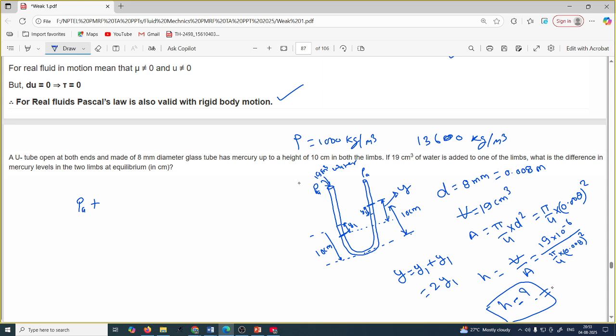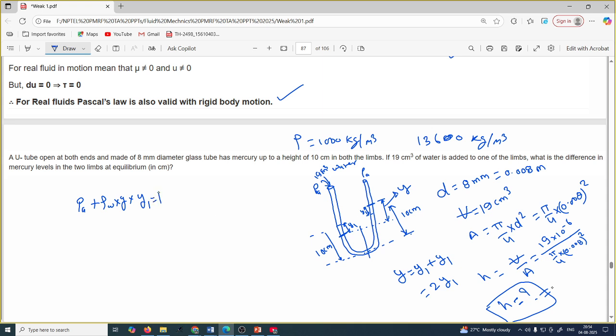So you will write PA, then you go down, and this much is the area, that is rho of water into g into y1, rho of water, remember. Then this height is mercury. If you come up, you write this one positive and this one negative, that will cancel out.